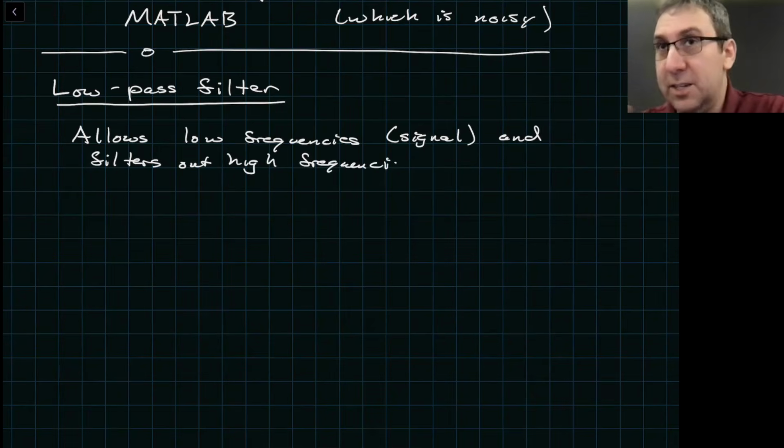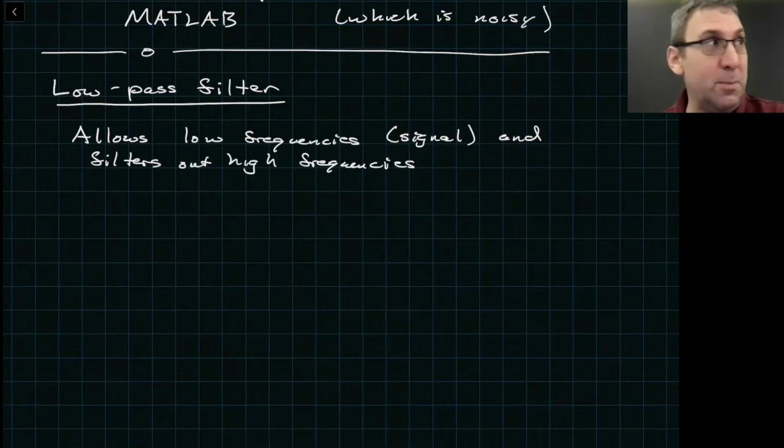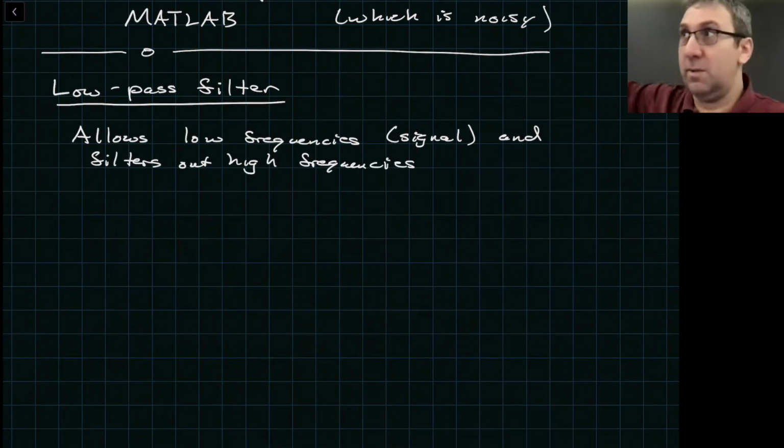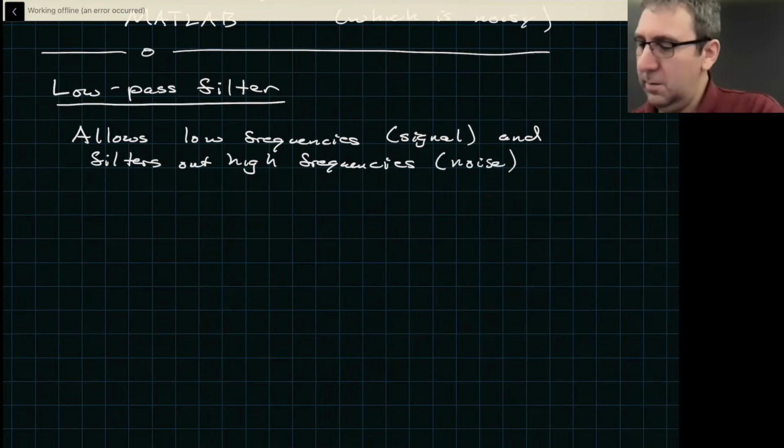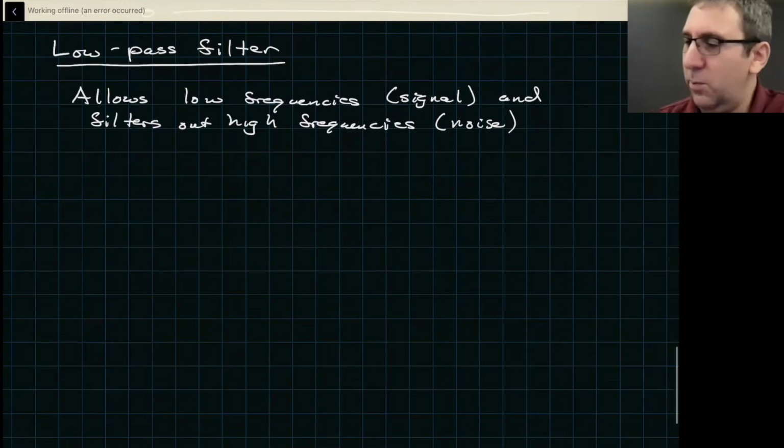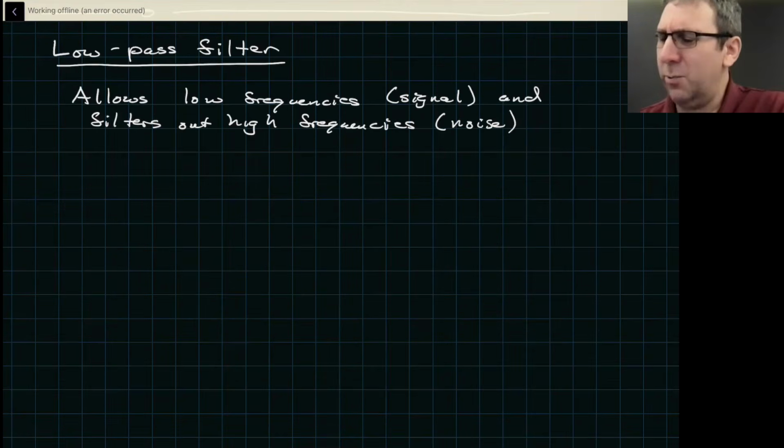And why are we doing that? The assumption is noise is going to be high frequency. It's going to be random and make those kind of spiky things. So how do we do that? And why are we doing this?